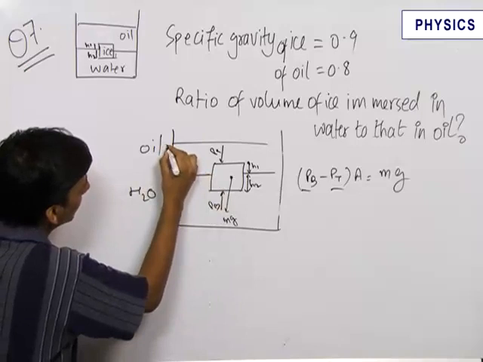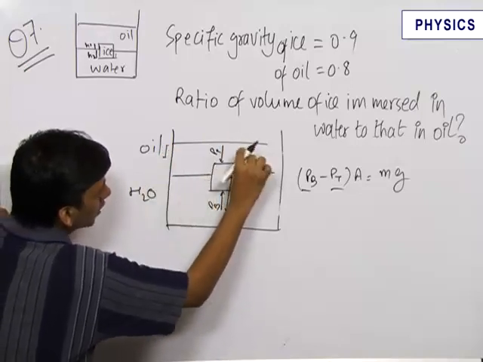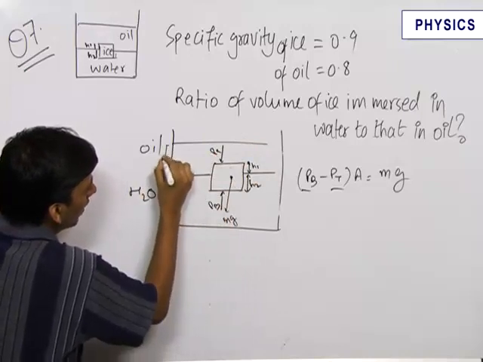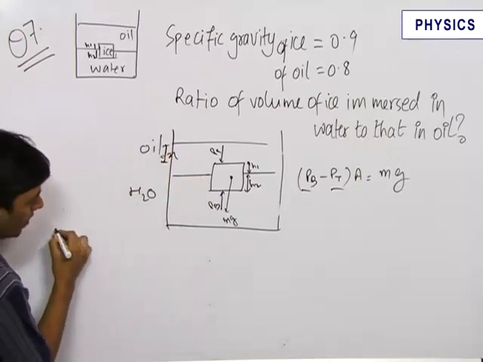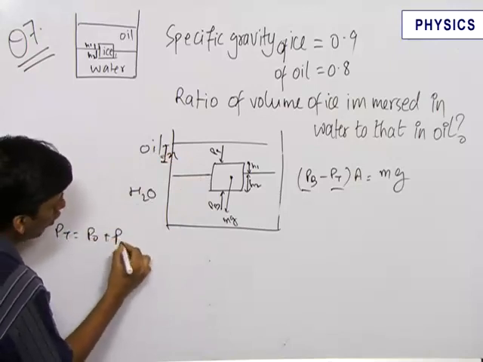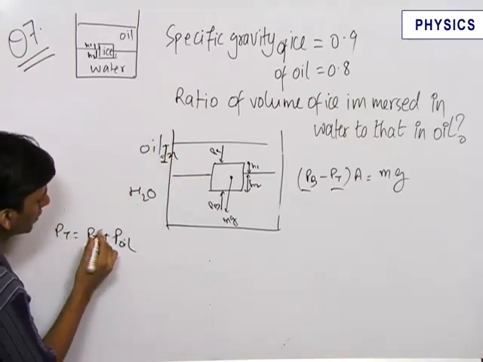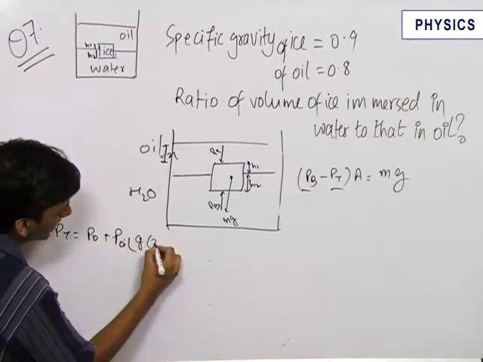Let the height of the top of the block from the surface be x. Now Pt is equal to P naught plus rho oil into g into x, where P naught is the atmospheric pressure.